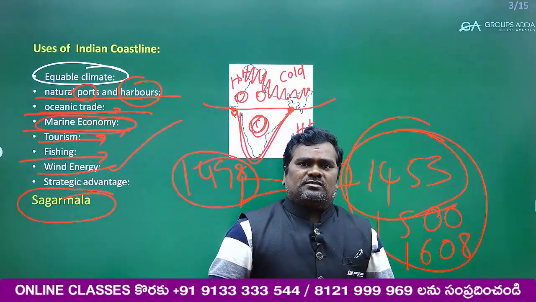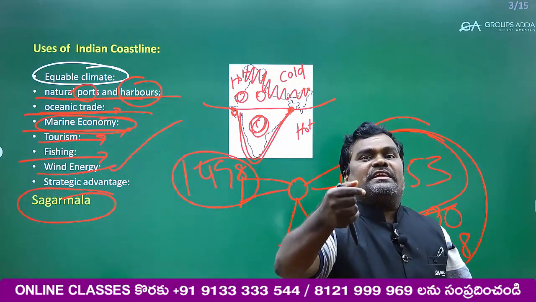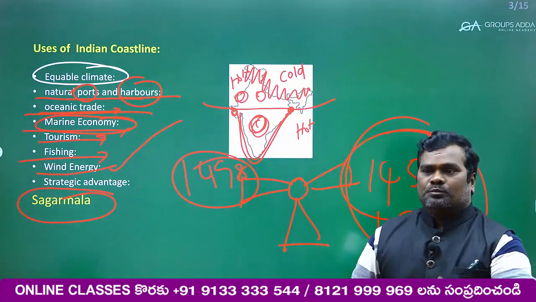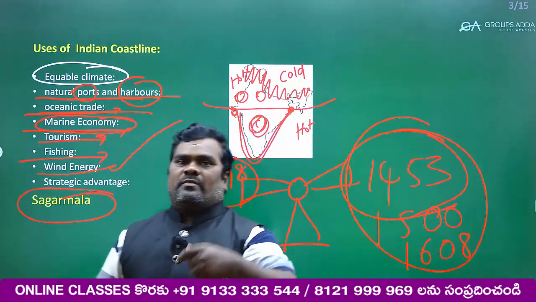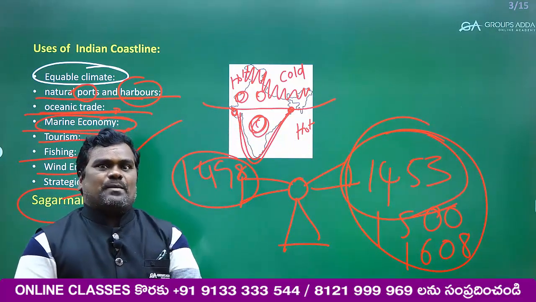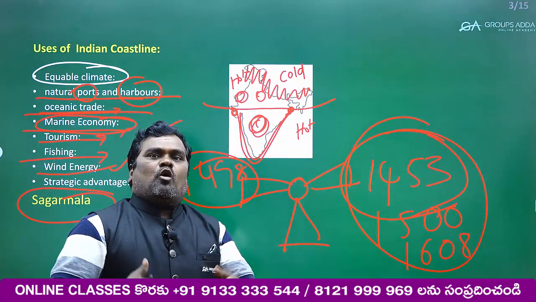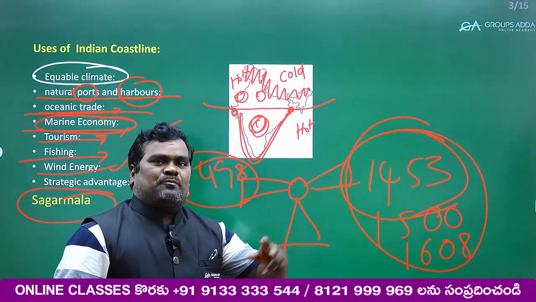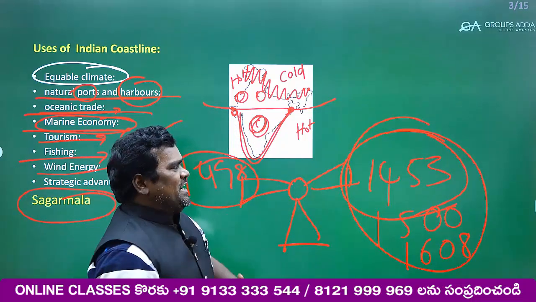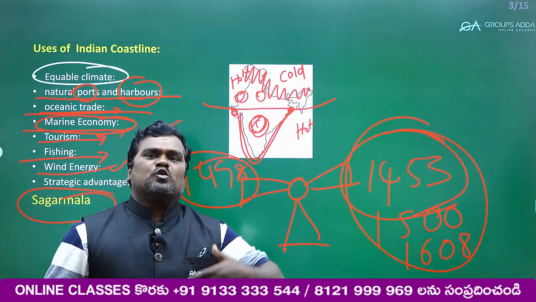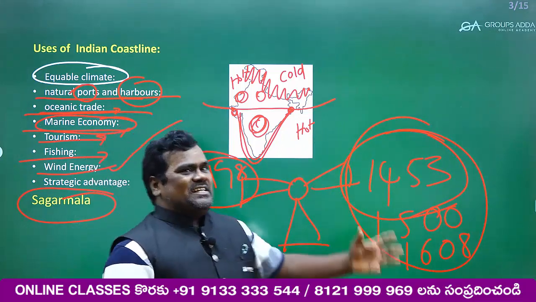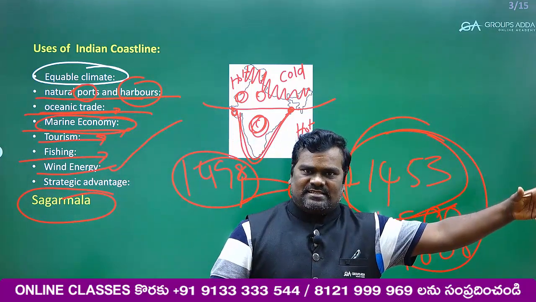For what? To make money. For whom? For the Indian government. And what is the benefit of that? We can provide more and more employment opportunities to n number of people living in these coastal areas.